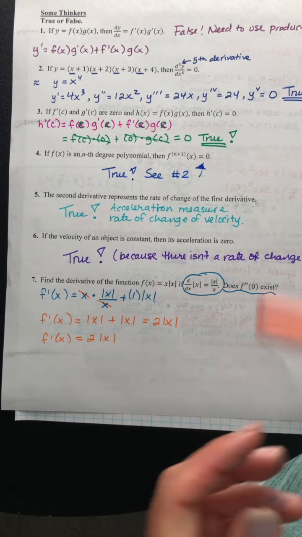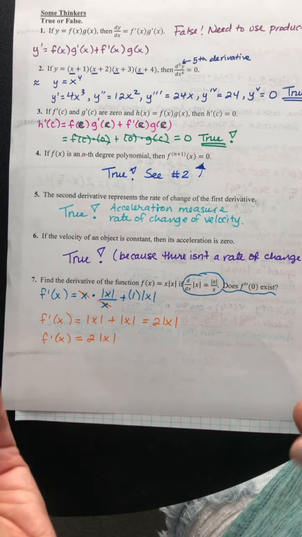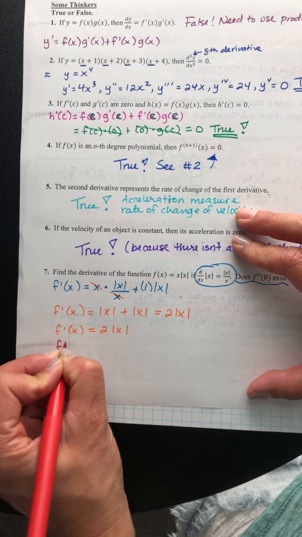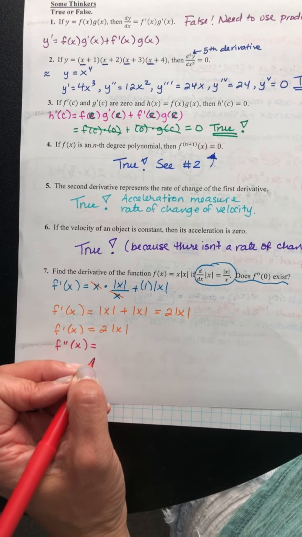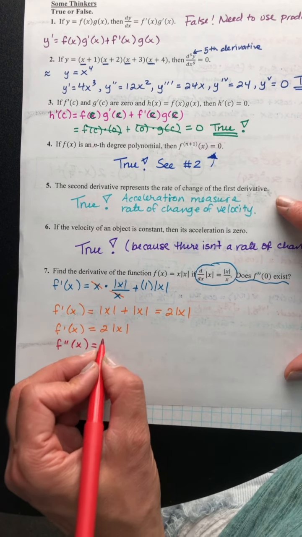And now we need to see if the second derivative at 0 exists. So let's find the second derivative. We have the first derivative, so let's find f double prime. Again, I have 2 times the absolute value of x, so I have two quantities being multiplied together, so I can use product rule again.